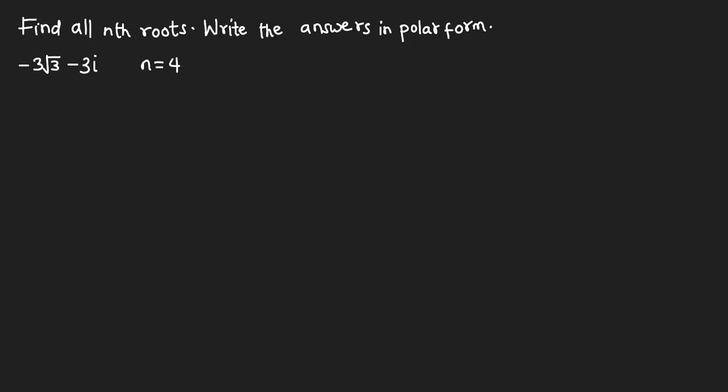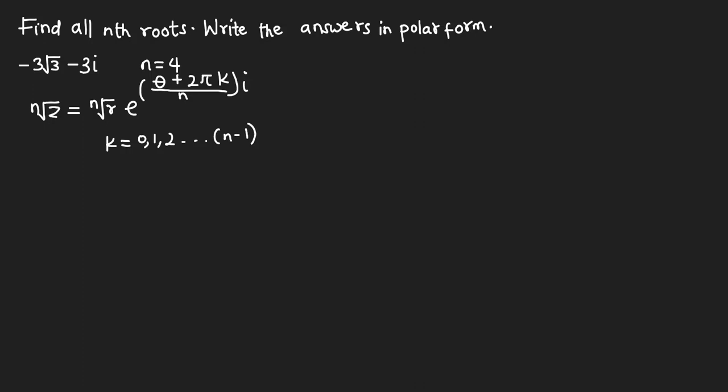You can write this as the nth root of z, and this will be equal to the nth root of the modulus of the given complex number, which I write as r, multiplying e to the power i times (theta plus 2 pi k) all divided by n, where k is equal to 0, 1, 2, all the way to n minus 1.